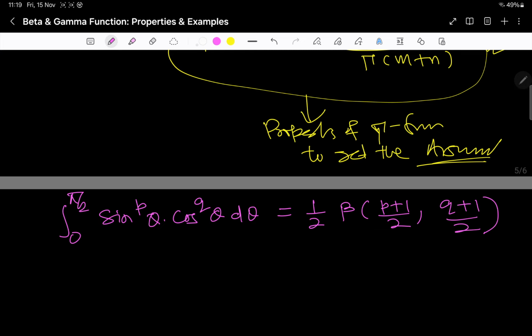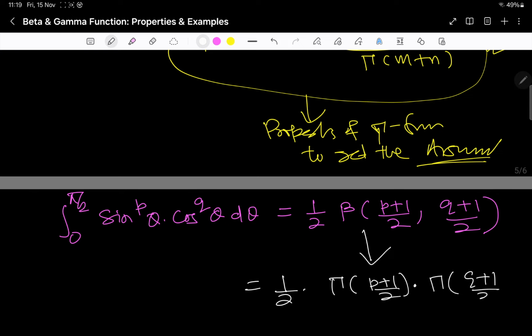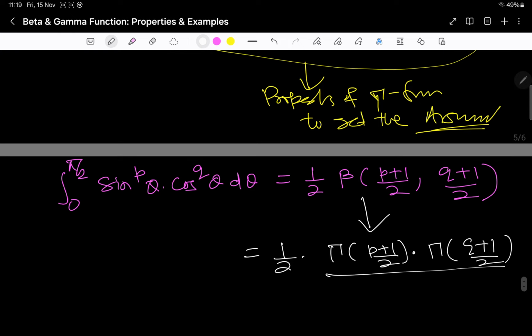Now if I apply the relation between beta and gamma function, half is there, it is gamma of m, means p plus 1 by 2, into gamma of n, means q plus 1 by 2, divided by gamma of m plus n. So this is gamma of p plus q plus, here 1 plus 1 is 2, divided by 2.